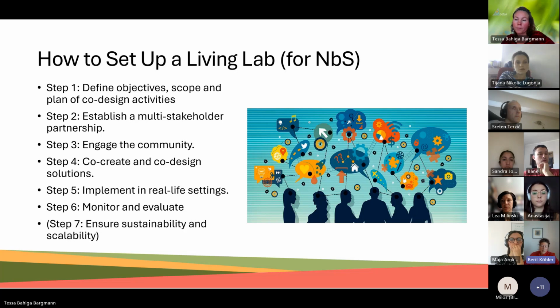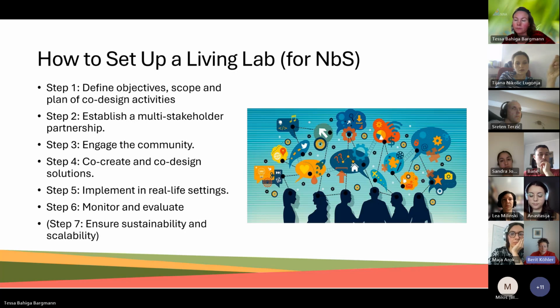So in the beginning, the objectives and the scope of the specific project should be clearly defined, and a plan of such co-design activities should be made.